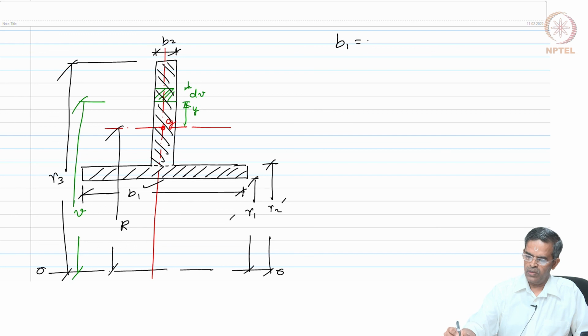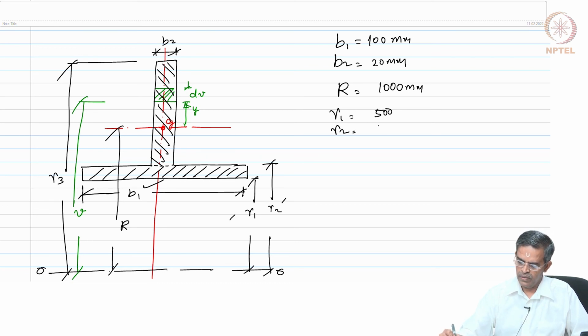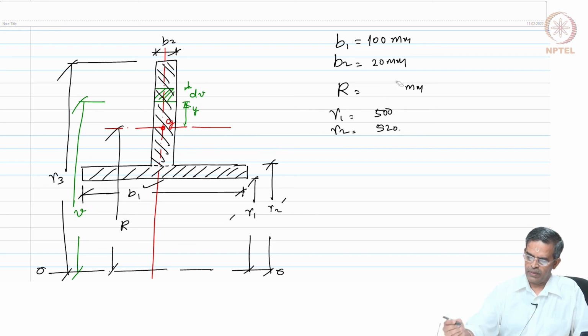For B1 as 100 mm, B2 as 20 mm, R as 1000 mm, R1 as 500, R2 as 520, okay. So, you need to find actually R, capital R, so CG.